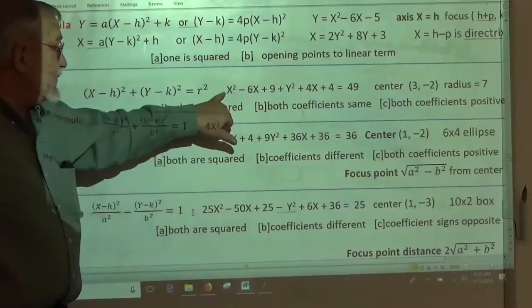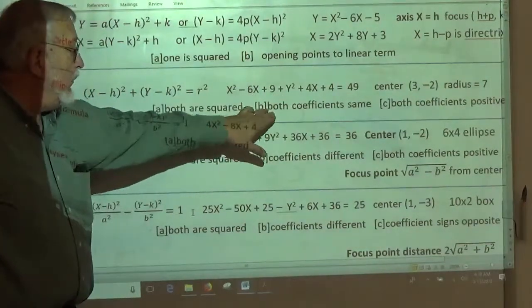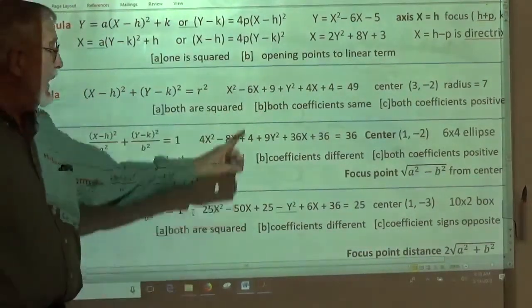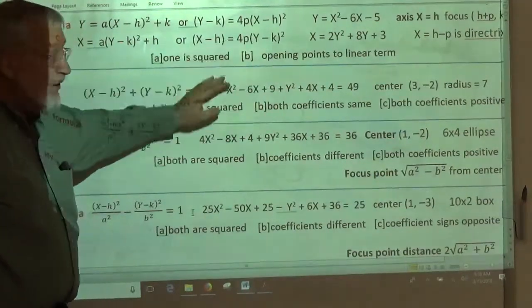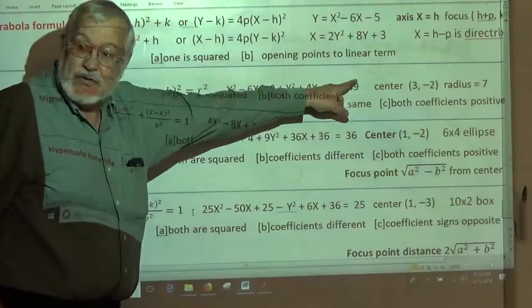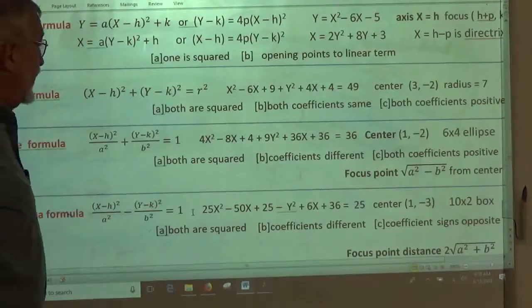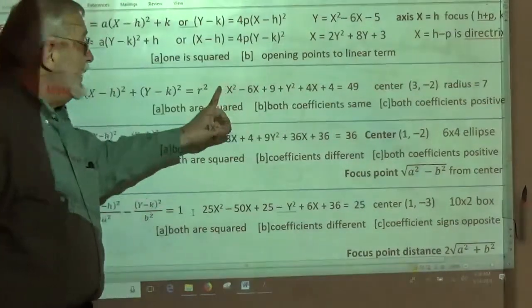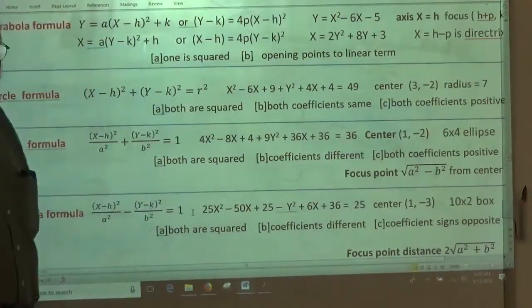Okay? So that's what you look for in the equation. Both of them squared, both of the coefficients the same. Now, if both of these were, we'll say 5, then you could divide by 5 and this number would change to some other value for the r squared. But in order to have this as r squared, you have to have 1 x squared and 1 y squared. So sometimes you have a little extra math to do.